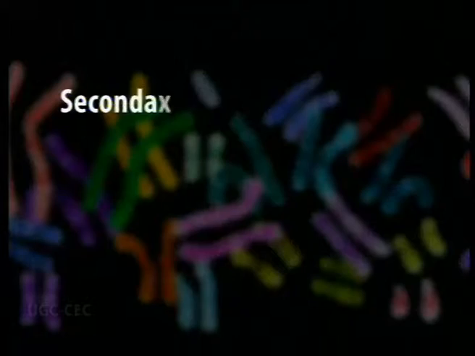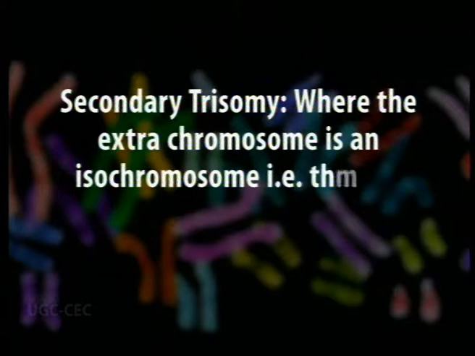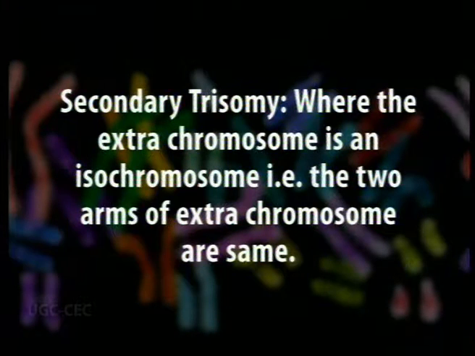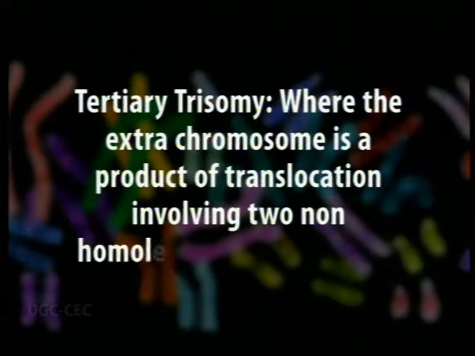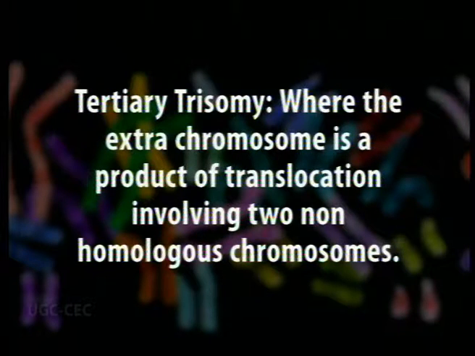Whereas in secondary trisomy, the extra chromosome is an isochromosome, that is, the 2 arms of the chromosome are the same. Then there is another type, tertiary trisomy, where the extra chromosome is a product of translocation. That means the 2 arms of the chromosome belong to 2 different homologous pairs.